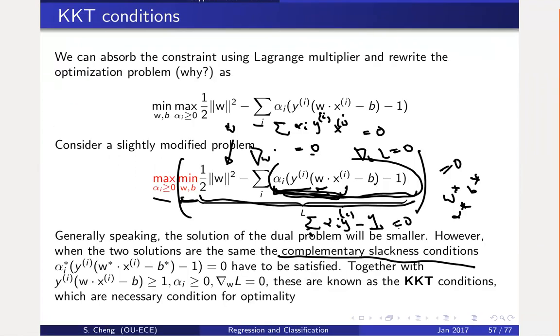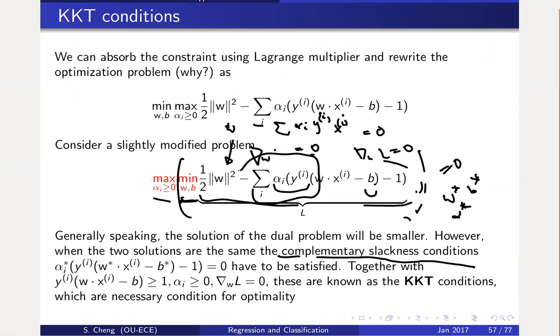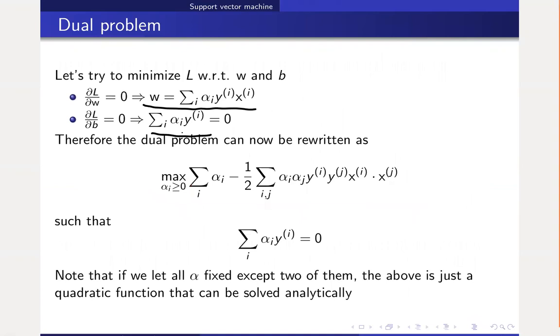Oh no, I got confused myself. So I take the derivative with respect to B here. The only term with B is this one multiplied by this, right? The derivative with respect to B is just equal to this term here. Set to 0, it will be just equal to that.